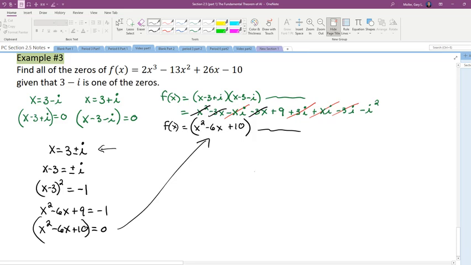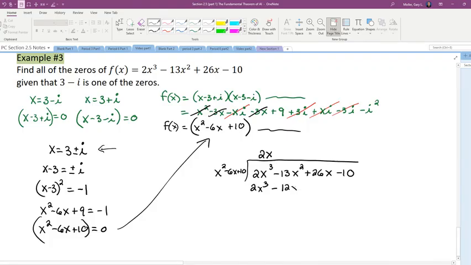Except we're not going to be able to do synthetic division because we're not dividing by a linear term. So 2x cubed minus 13x squared plus 26x minus 10 divided by x squared minus 6x plus 10. So this would be a 2x, giving me 2x cubed minus 12x squared plus 20x.